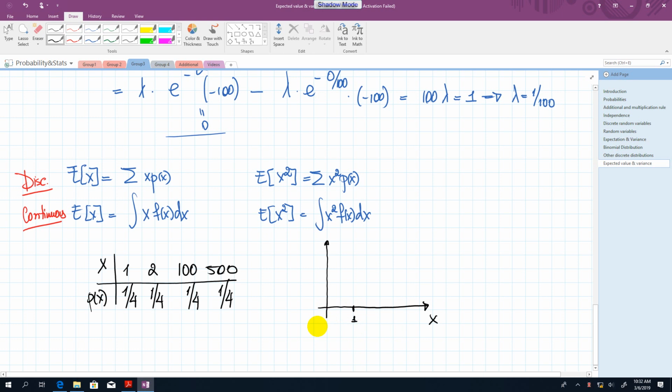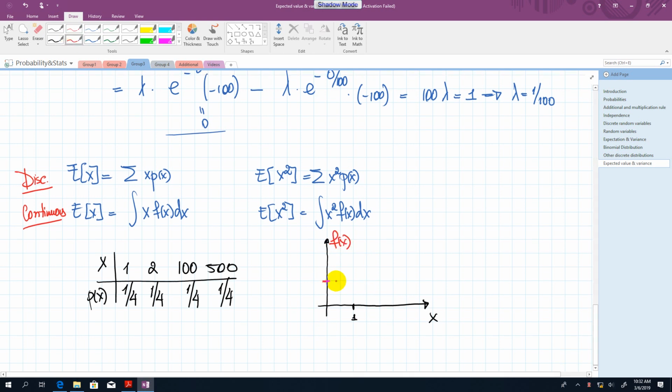It should be equally dense for all the regions between 0 and 1, right? So what should be the shape of f of x? Just a horizontal line. The only question is, where do I need to put this line? What is the height? I need to put this at 1, because in this case the area of the square will be equal to 1, right?